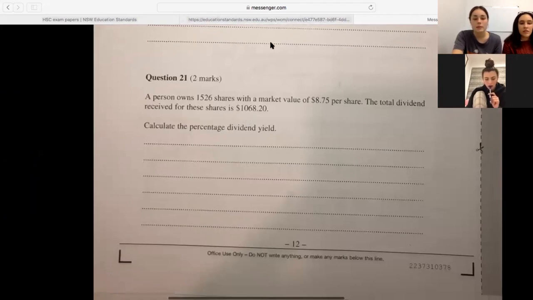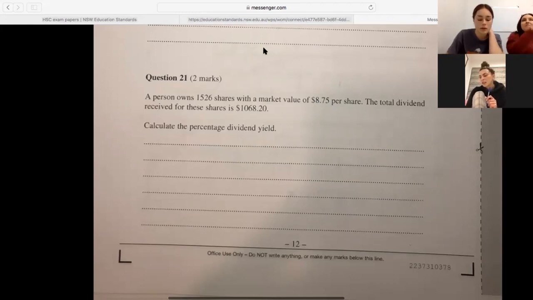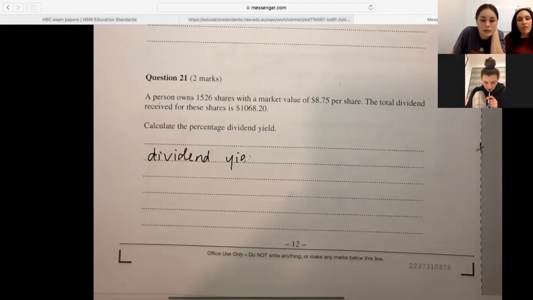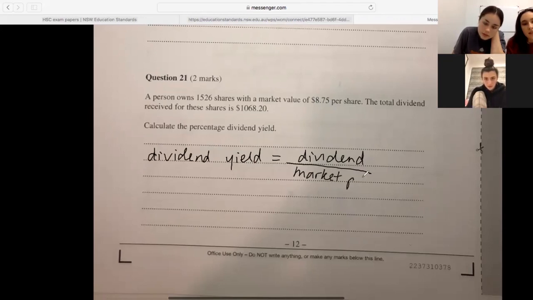Do you remember the dividend yield formula? Or I'll give you time to read. No. Okay. So for this one, it's not on your reference sheet, so you do have to memorize it. Dividend yield equals dividend over market price, I'm pretty sure, times 100%.